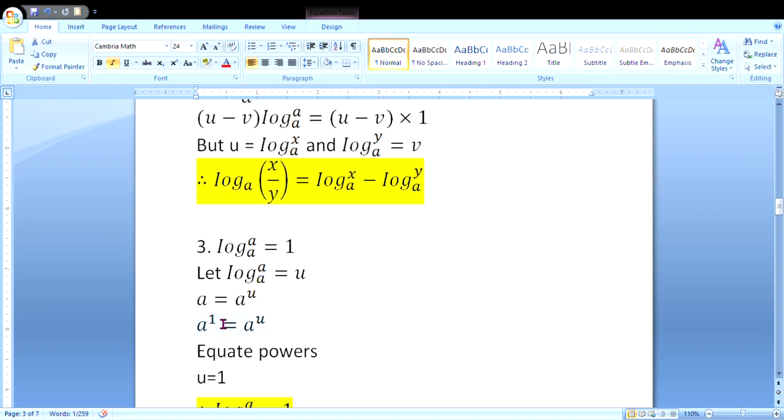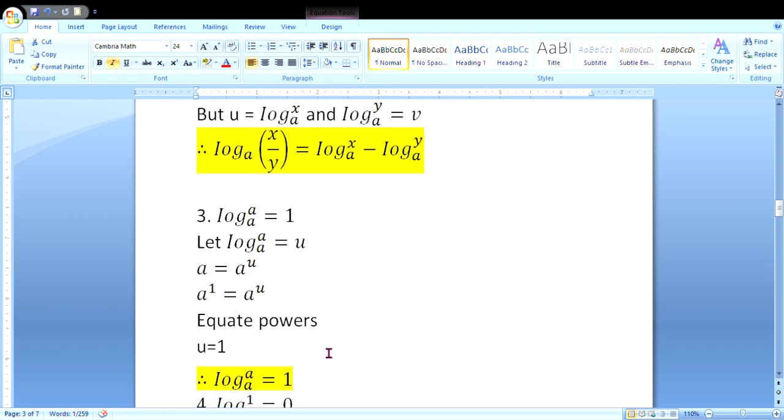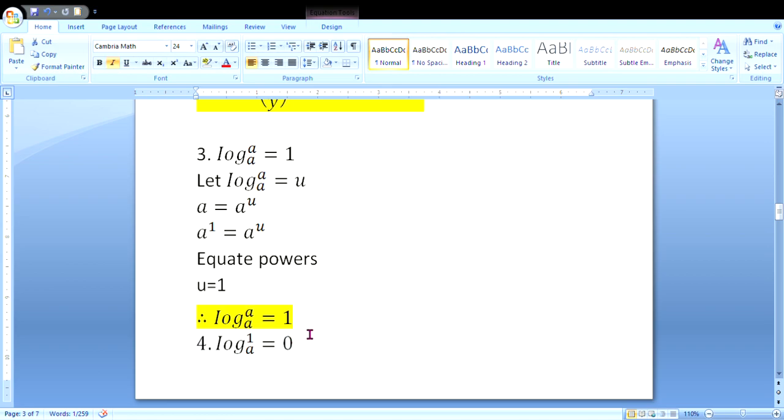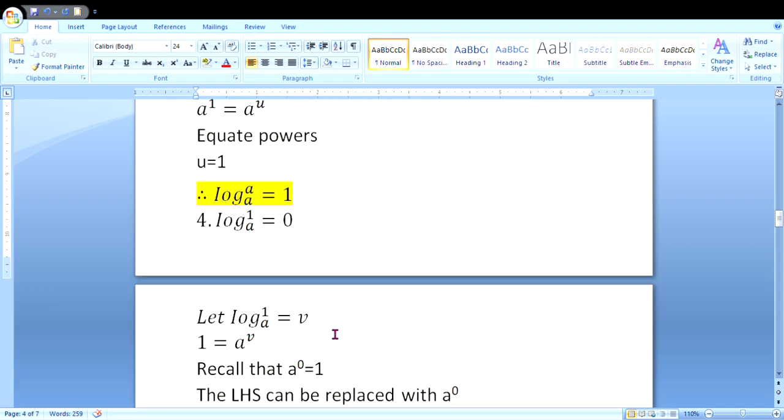So here a raised to the power of 1 is equal to a raised to the power of u. If we equate the powers, you find out that u is equal to 1. Therefore, log a to base a is equal to 1.